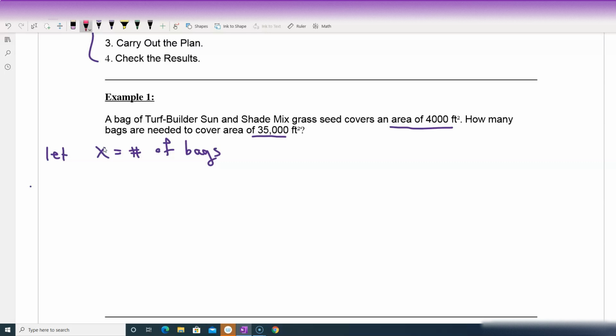So what we have is that one bag covers 4,000 feet square. Now we want to find out how many bags are needed to cover 35,000 feet square. So how many bags here on top?